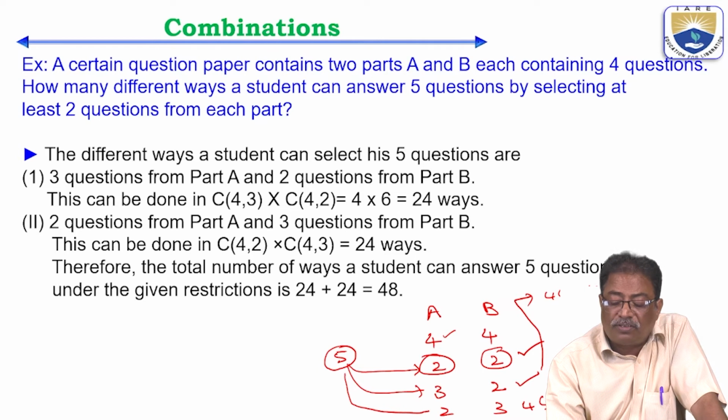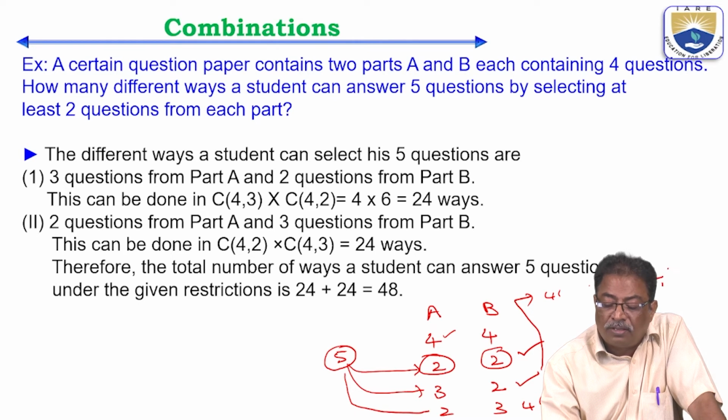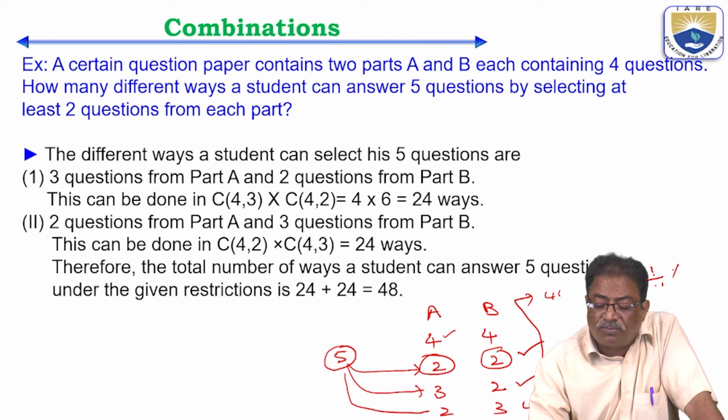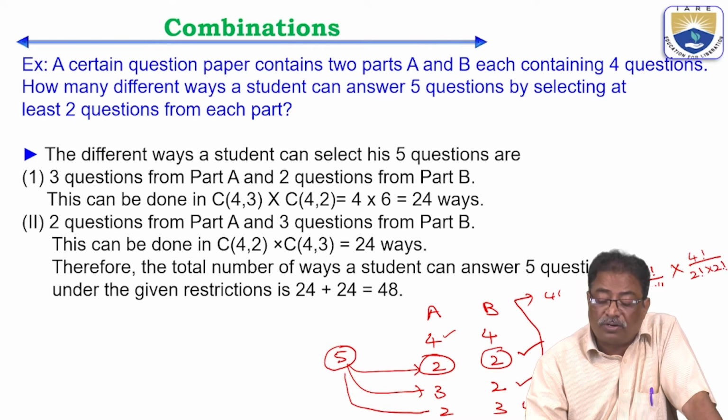So 4C3 is equal to 4 factorial by 3 factorial into 1 factorial, into then the remaining 4C2 is 4 factorial by 2 factorial, n minus r, 4 minus 2 factorial, into 2 factorial.